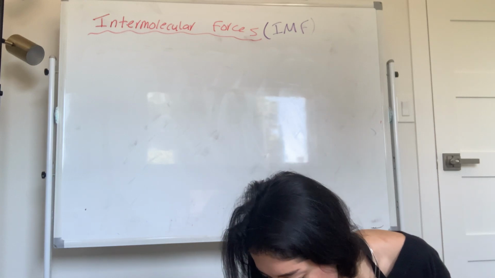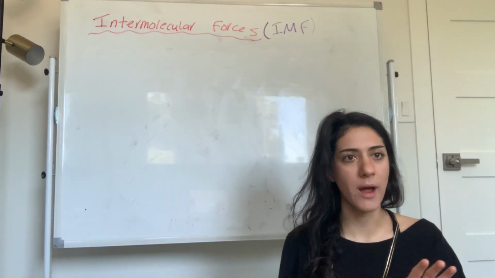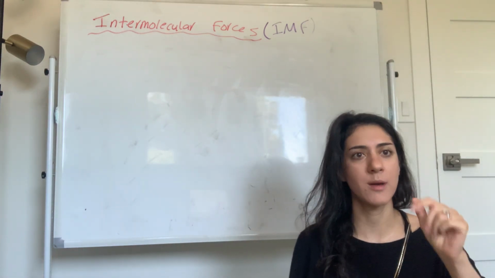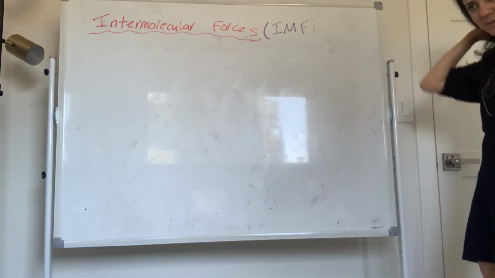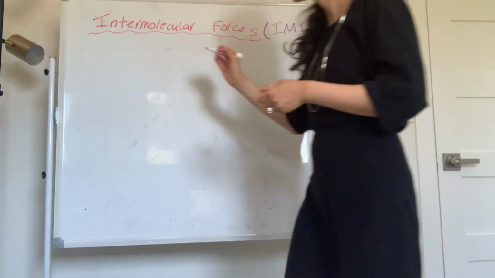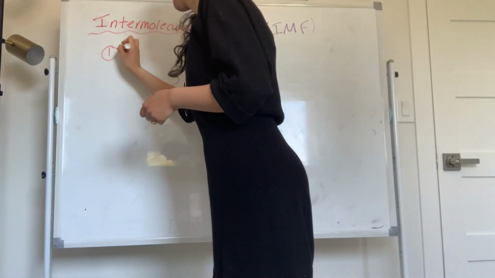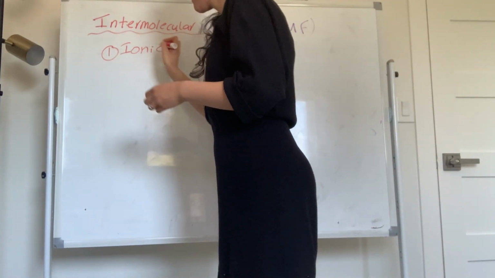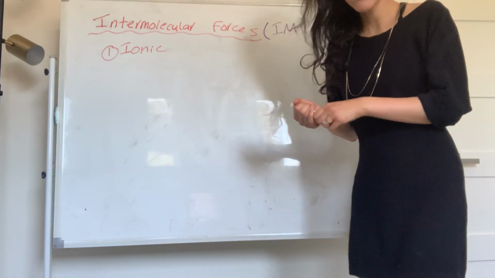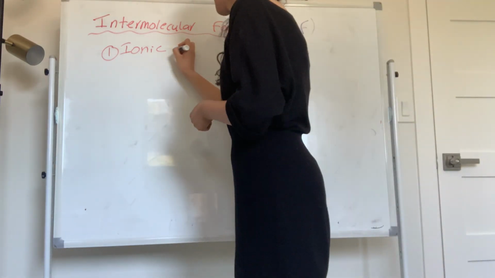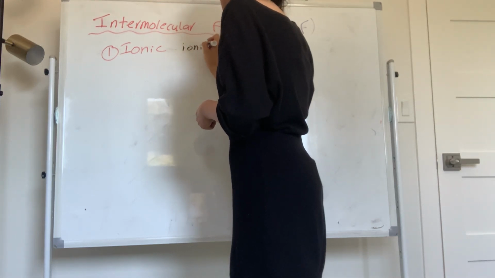All right, so what I promised you is that one by one, we are going to go over the intermolecular forces. Look at your list right now. What's the first one on your list? The first one on your list is ionic. You have ionic intermolecular forces when you have ionic molecules.